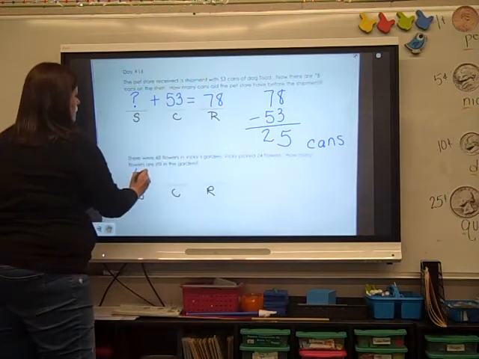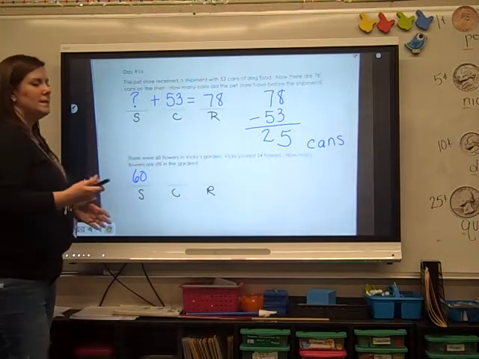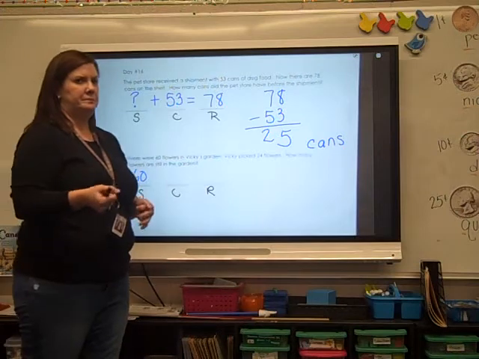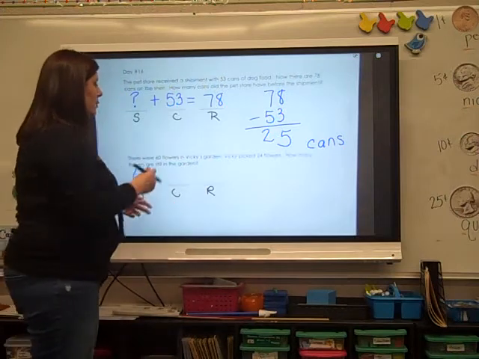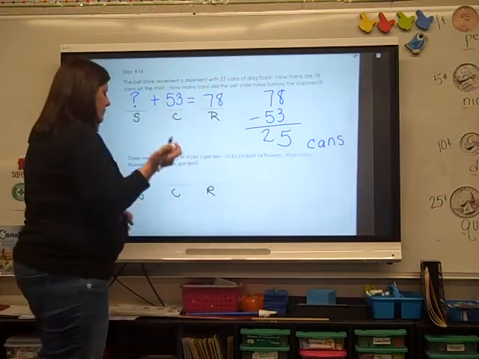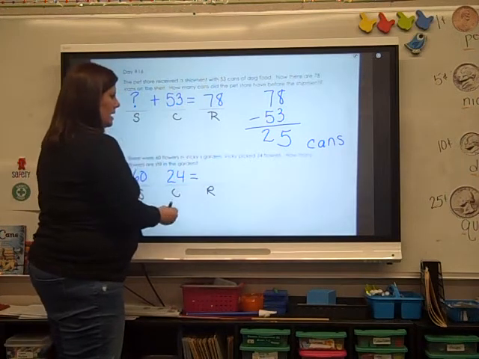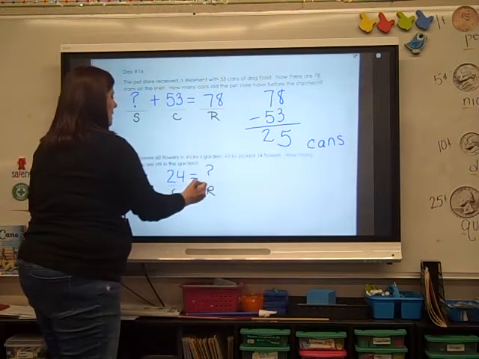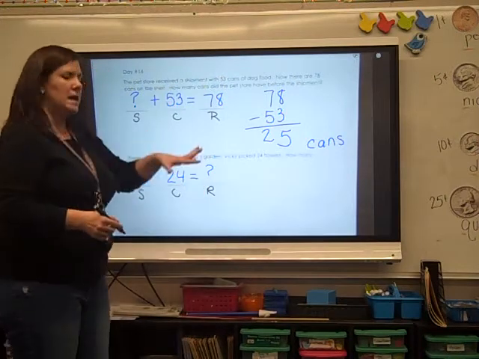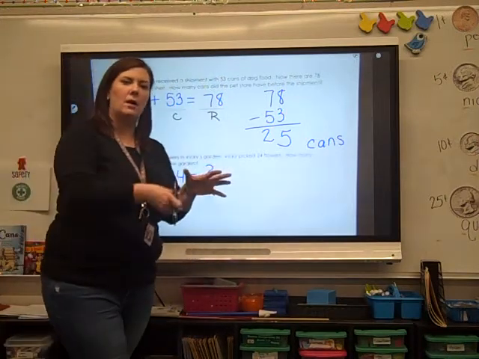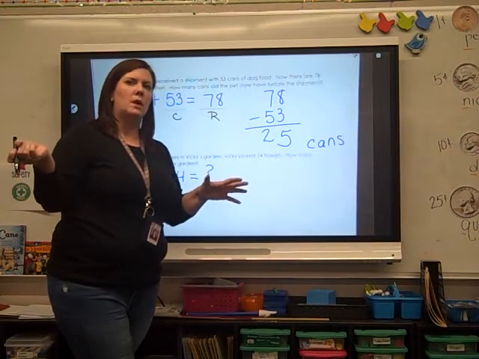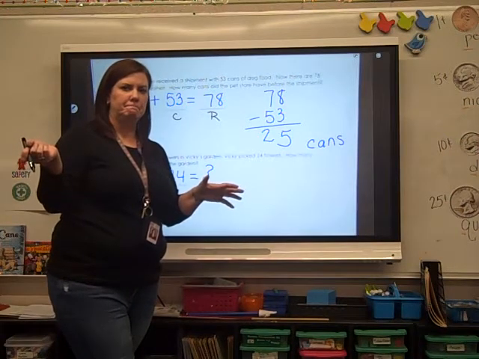Obviously, yes, 60. What did that change by? Yep, 24, because she had the garden, she picked 24 out. Put your equal sign, and we want to know how many are left. So, if she has 60 and she picked out 24, are we adding or subtracting?